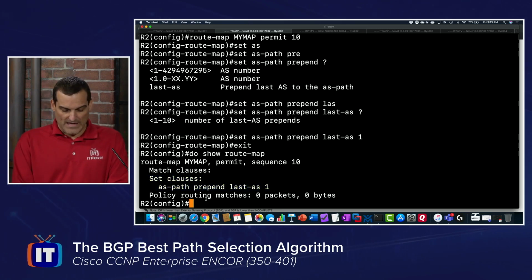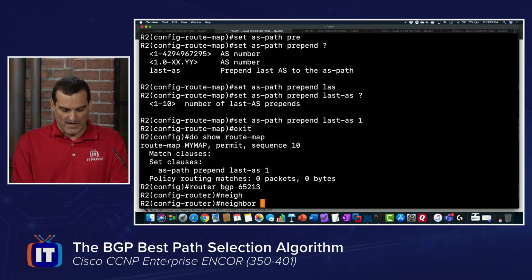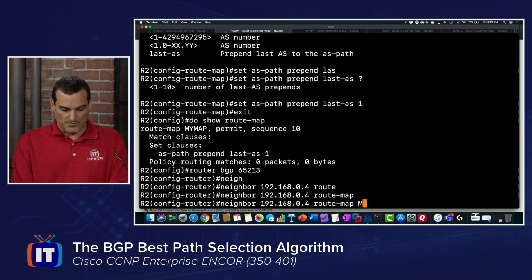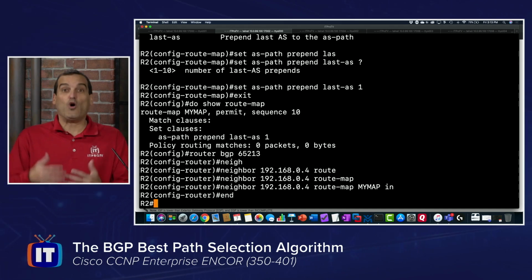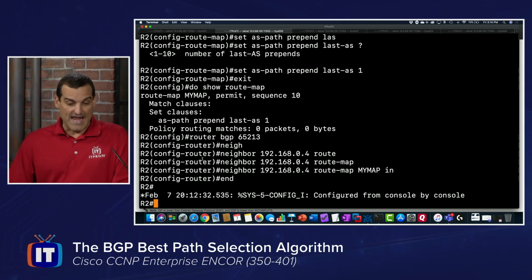We are now going to go into router bgp 65213, and go to the neighbor, the R4 neighbor at 192.168.0.4, and say there's a route map that needs to be applied, and that route map is going to be called my-map, and please apply this in the inbound direction.